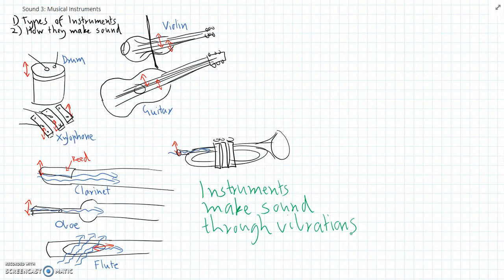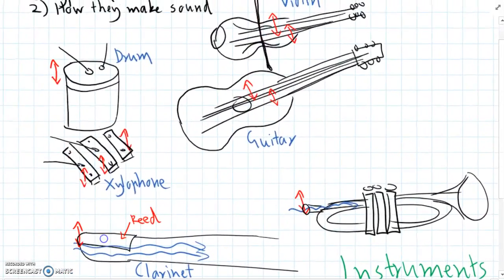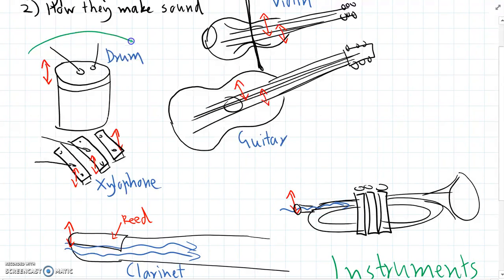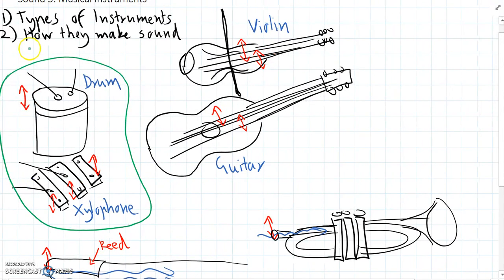But they do it in different ways. The instruments where they need to be hit to make the sound, like a drum or a xylophone, these are called percussion instruments, which means being hit.